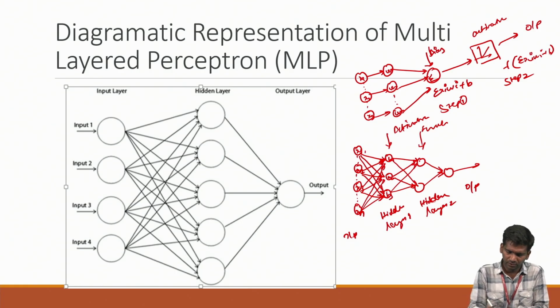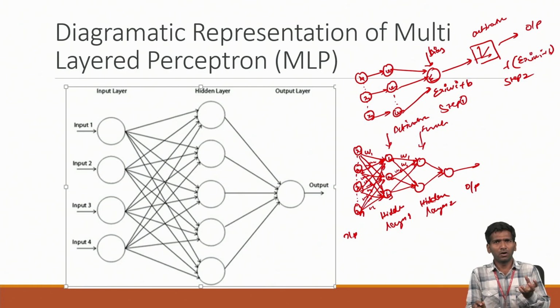The weights will be W1, W2, W3, W4, W5, W6, W7, W8, W9, and so on up to Wn. Here also weights will be there, W1, W2. We will see the entire representation in further sessions: how exactly we represent the weights and the neuron, how we calculate, and how we update the weights of the neurons.